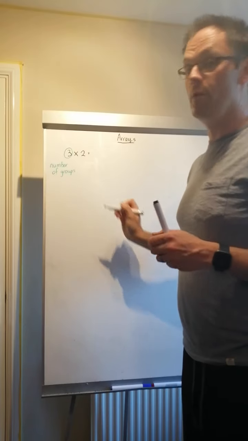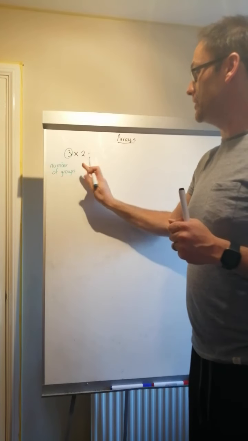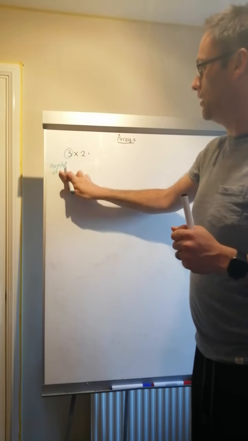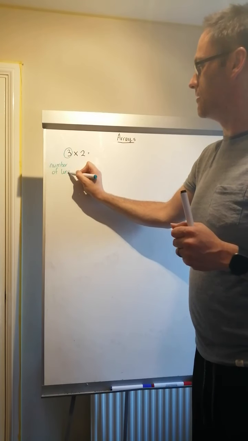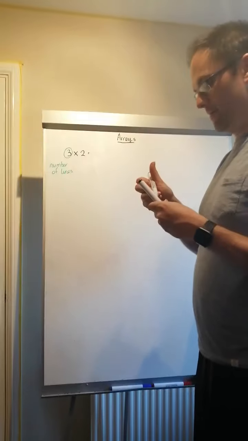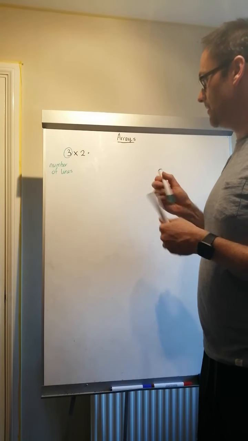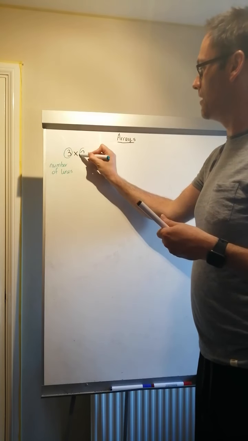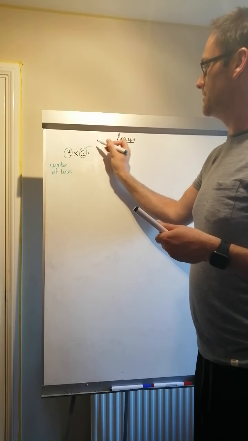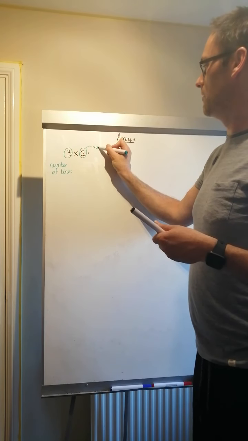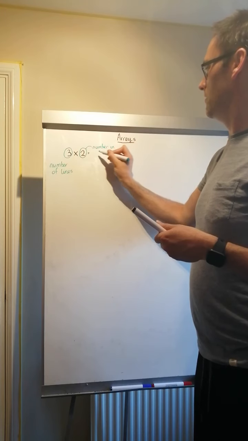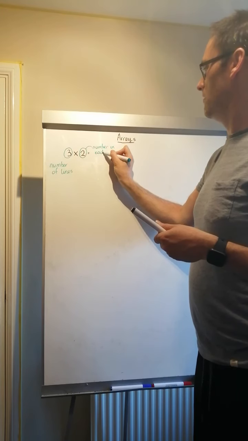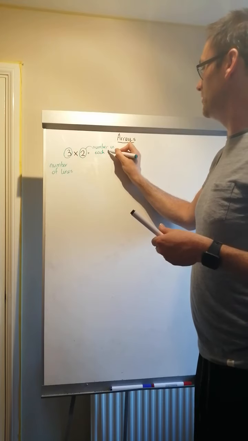Or when you're doing arrays, you actually don't use the word groups. You do lines. Okay? And then this number here is the number in each group. Or the number in each line.